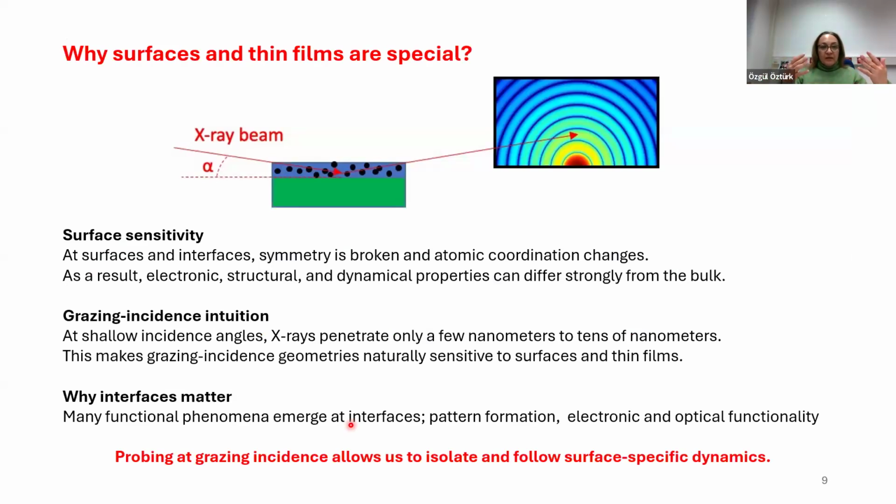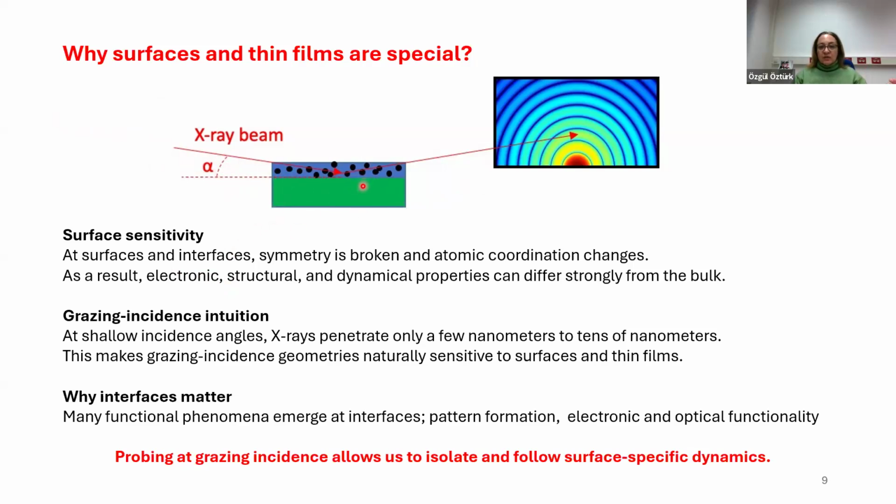As I said, with GZAX you can see the subsurface or surface, and especially thin films are used with GZAX. Why is this so? Because let's say this is our sample, and you are probing your sample with a shallow angle with the X-ray beam. Then what happens at the surfaces or interfaces?